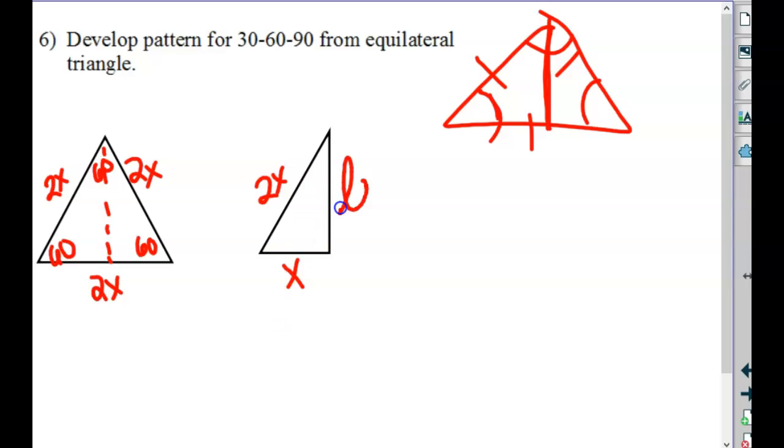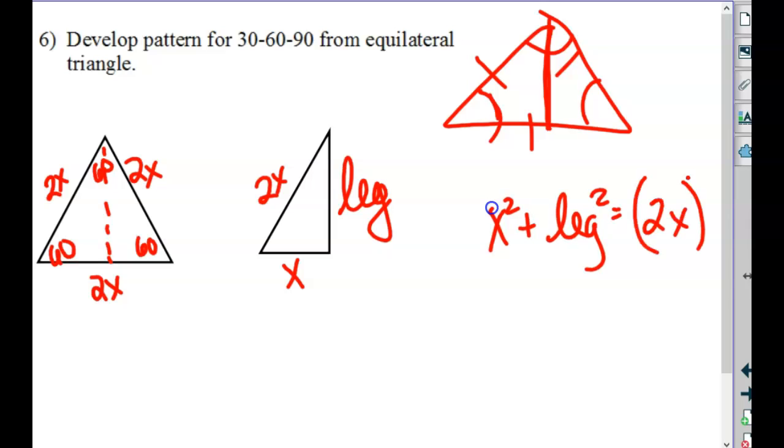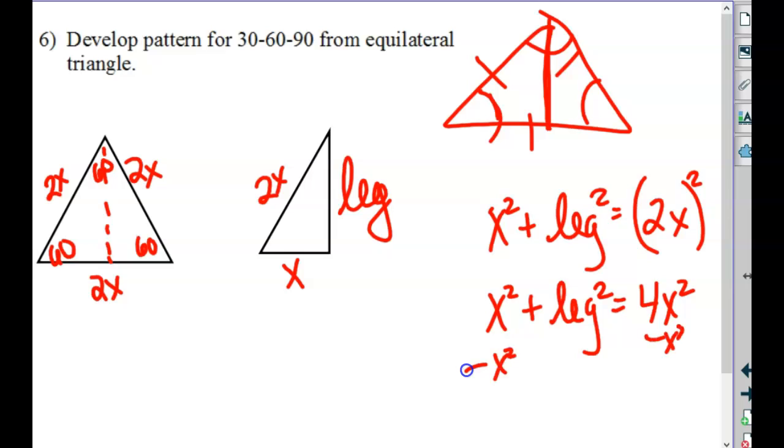But to find this missing leg here, I'd have X squared plus that leg squared equals the hypotenuse squared. Well, help me out here, guys. What's 2X quantity squared? 4X squared, right? Because it's 2X times 2X. So then if I subtract an X squared, what do I get? 3X squared.